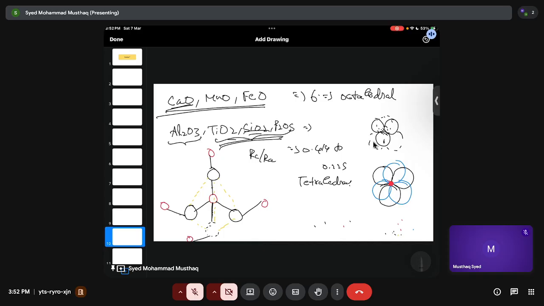So that's how they will form a 3-dimensional structure. Each oxygen atom sitting at the tetrahedral corner will form 2 bonds with different silicon atoms.